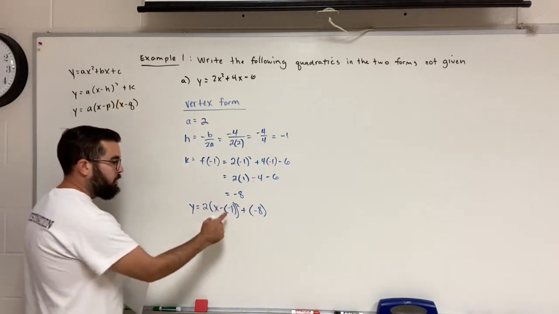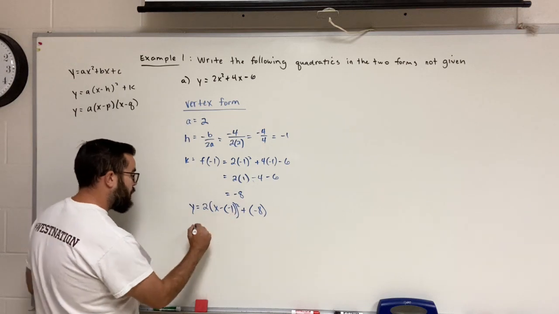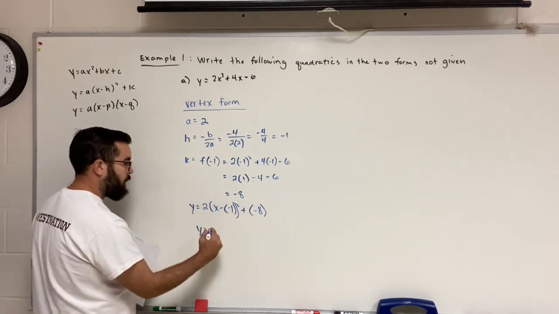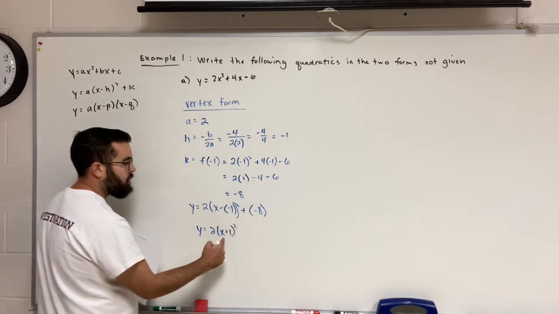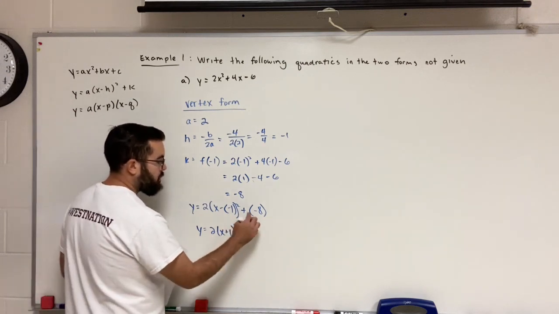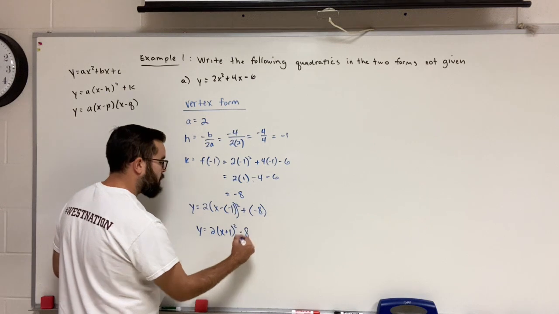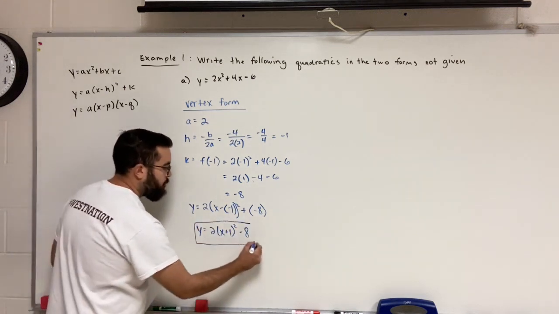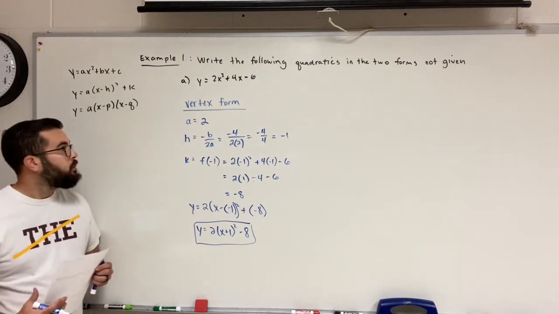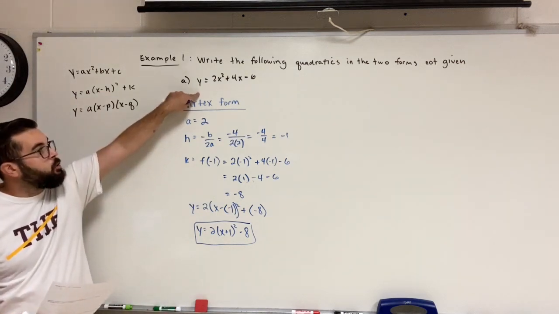Now, there are some simplifications that I can make. I don't want to leave minus a negative; that's sloppy. So I'm going to change it to (x plus 1) squared. And then instead of plus a negative, I'm just going to write minus 8. So that is the vertex form of this equation.